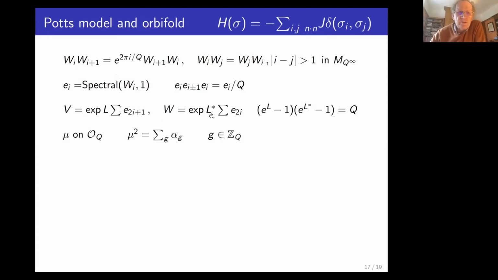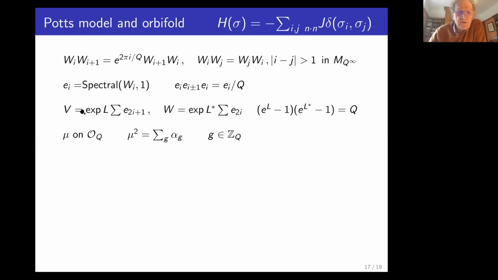The generalization of that to the Q-state Potts model, this is in Baxter's book, basically goes back to Temperley-Lieb, is that one has these relations generalizing the Pauli relations. If we take spectral projections, we get the Temperley-Lieb relations, where non-nearest neighbors commute.